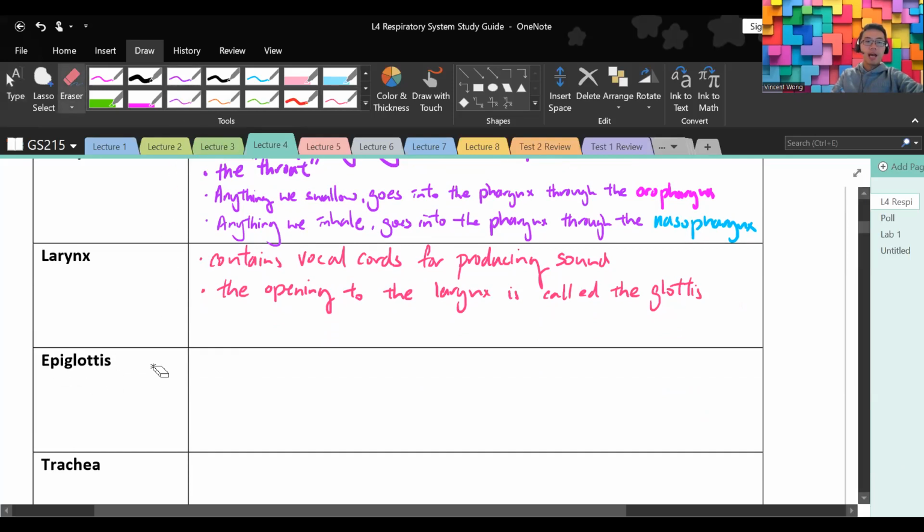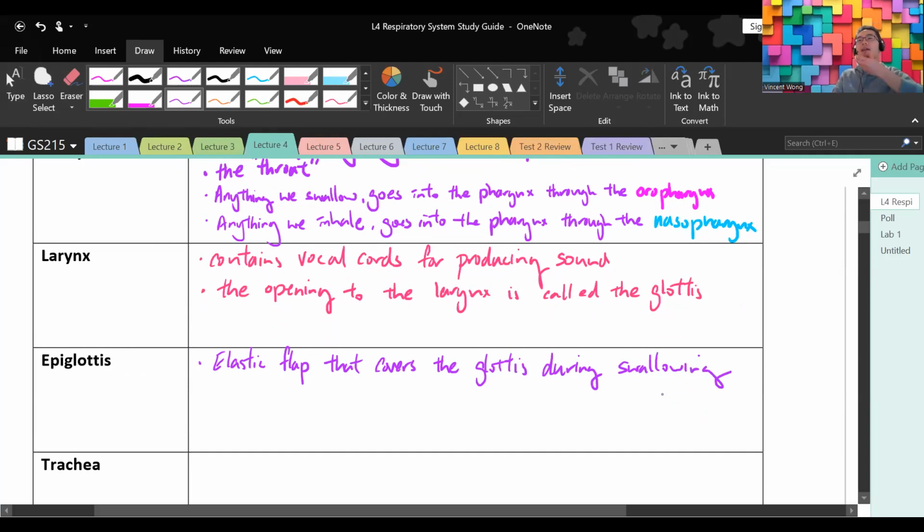All right, next we have the epiglottis, which is an elastic flap that covers the glottis during swallowing. Okay, so if you put your hand on your throat and you swallow, you can feel something pushing up, right?